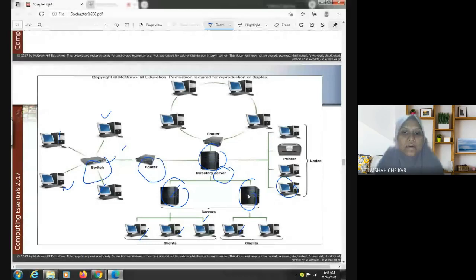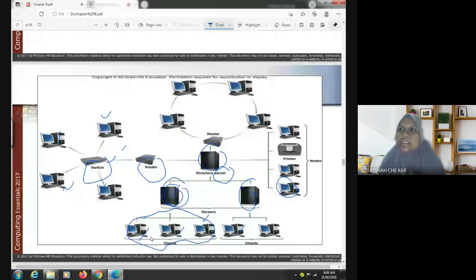For example, this server's job is to serve this client, to entertain this client. Which client wants to send the data ataupun there are any requests from other devices untuk connected to this client.